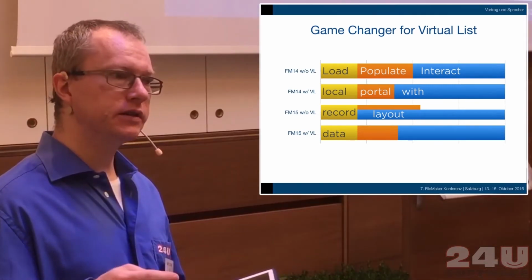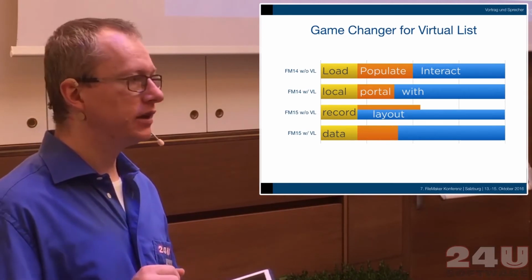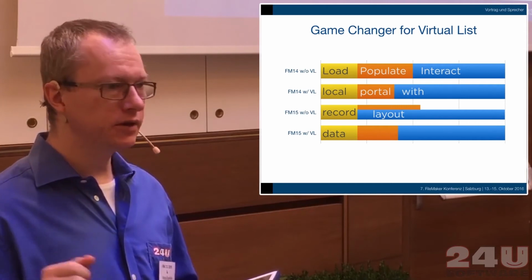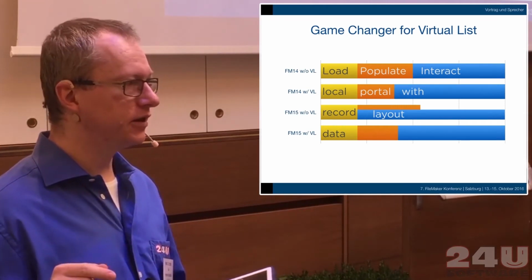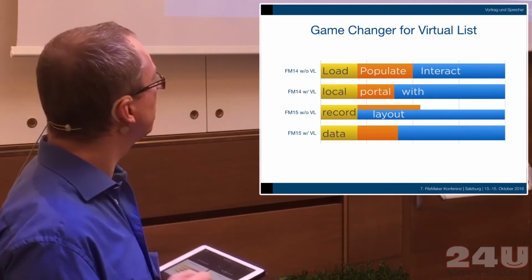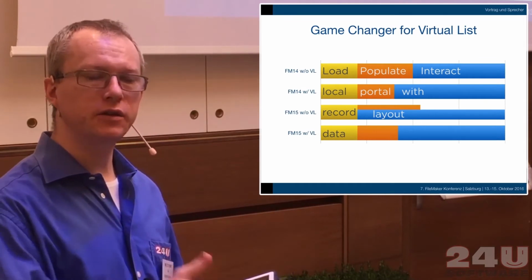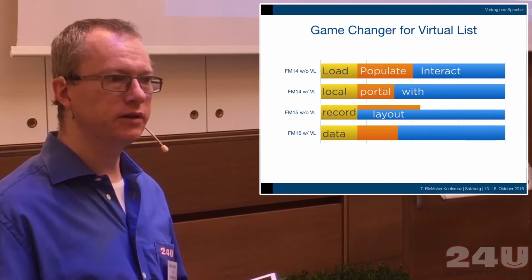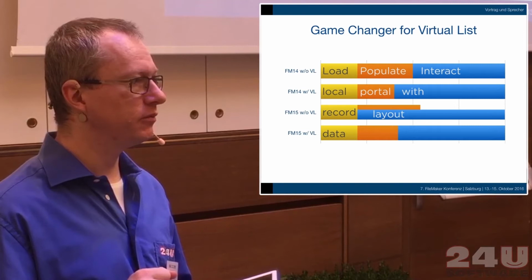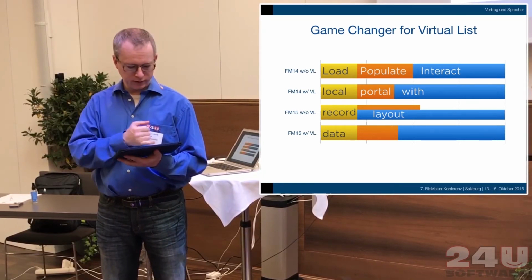But the point is, by using virtual list, the user has to wait for your virtual list loading script to finish before the user can use the layout. With FileMaker 15, if you don't use virtual list, the user can use the layout immediately after loading the local record. But with virtual list, the user has to wait.